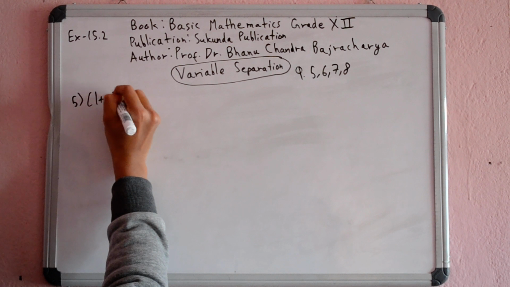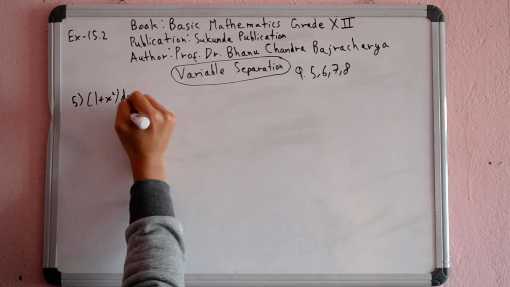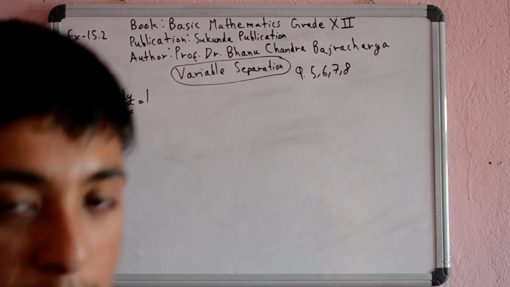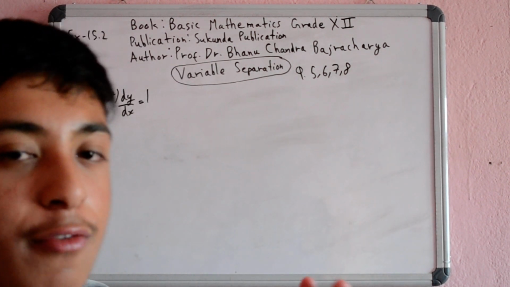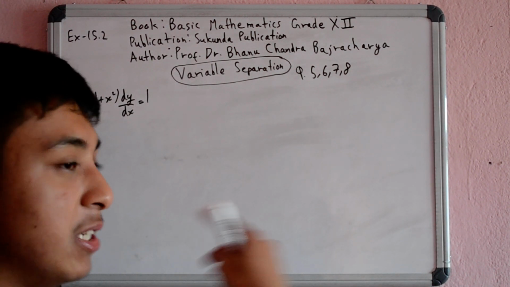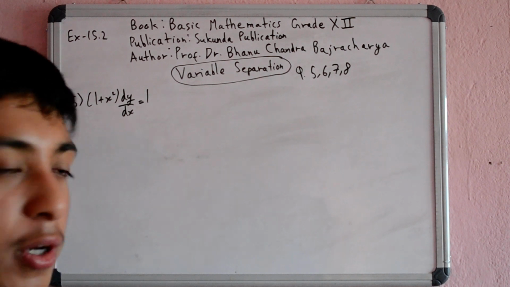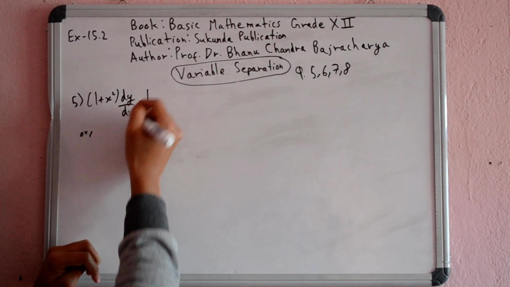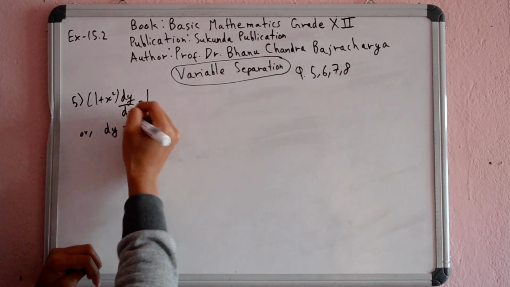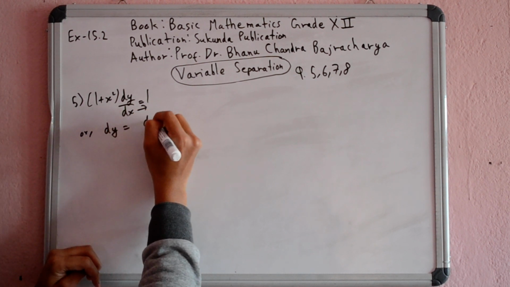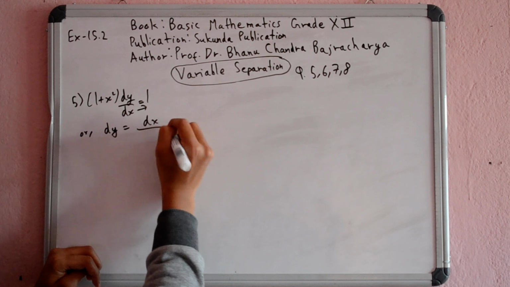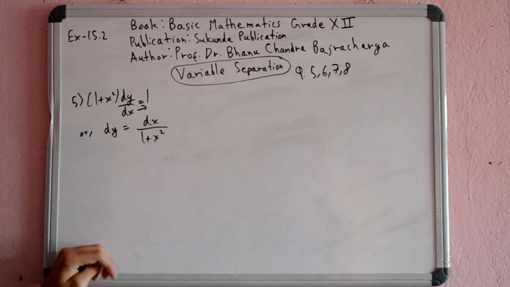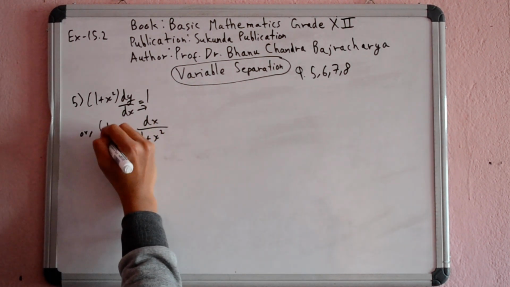(1 plus x squared) dy by dx is equal to 1. We have to separate the x functions and y functions, or the x family and the y family separately, where dx and dy are the head of the family. So here dy equals, move the dx up here, this becomes dx, and this 1 plus x squared goes below, and we can integrate both sides.